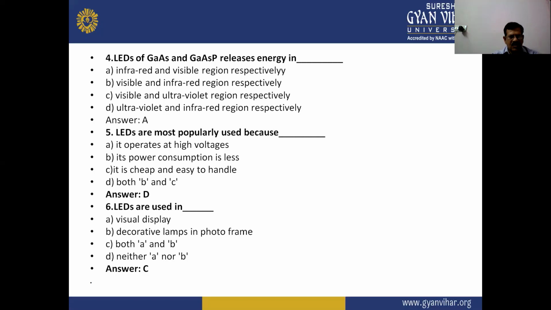Option C, both A and B. And option D, neither A or B. So here the correct answer is option C, as LED are used in visual display. Second one is the decorative lamp in photo frame. So here the correct answer is option C.